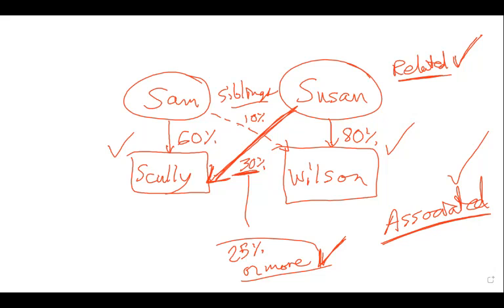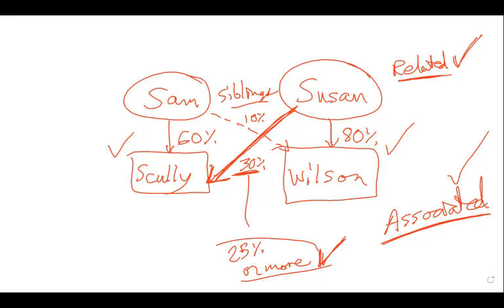Now, the text goes on to also state that in addition, they would also be considered associated under B because both companies are controlled by the same group. So it's sufficient for me if you give one reason, but in this case, it is true that they also would be.